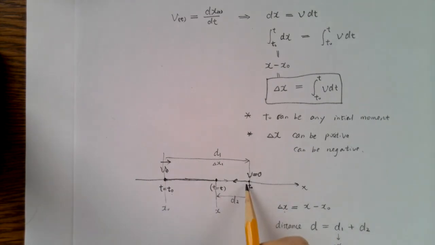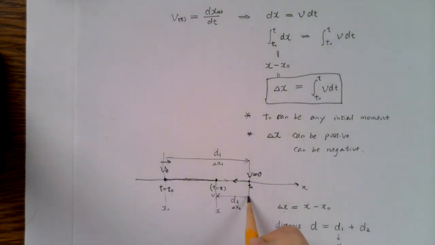And when it turns back, it moves from v equals 0 till this last moment. So from this moment t1 to t, the object is moving along the negative x direction. So from here to here, the displacement is delta x2.